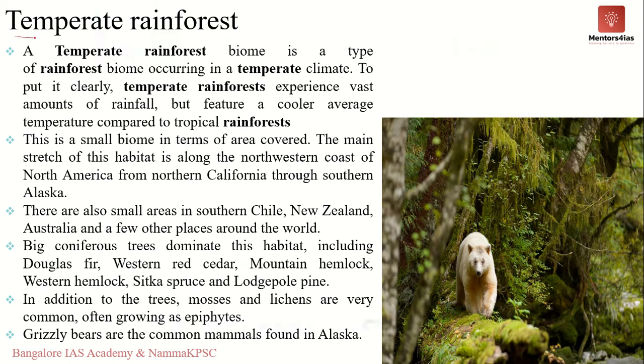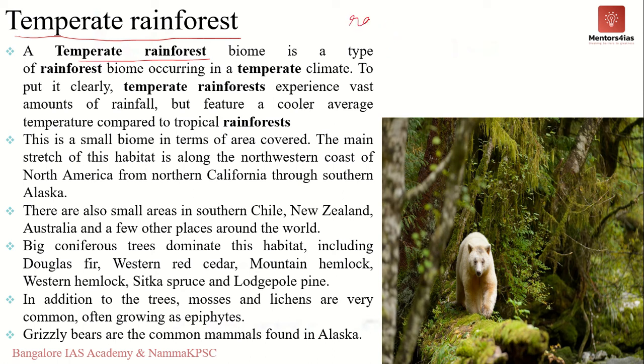So the next type of forest is the temperate rainforest. Now, these are not tropical rainforests but temperate rainforests, which exhibit a marked seasonality with regard to temperature and rainfall. So in these forests, rainfall is high and fog may be very heavy.